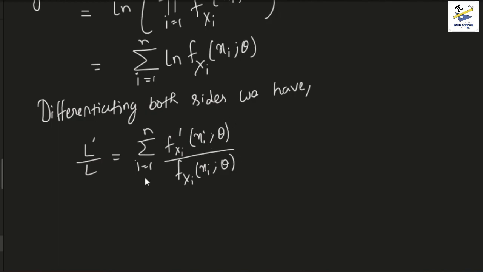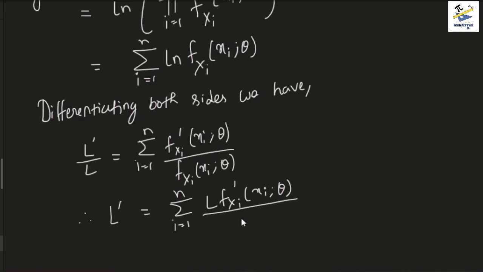Therefore L prime is equal to the sum of f prime of xi comma theta divided by f of xi comma theta, and this is equal to 0.